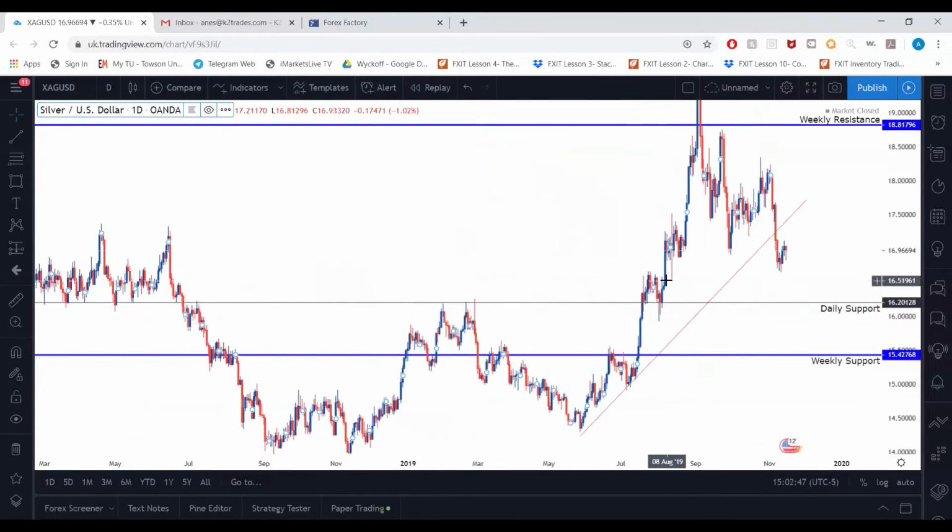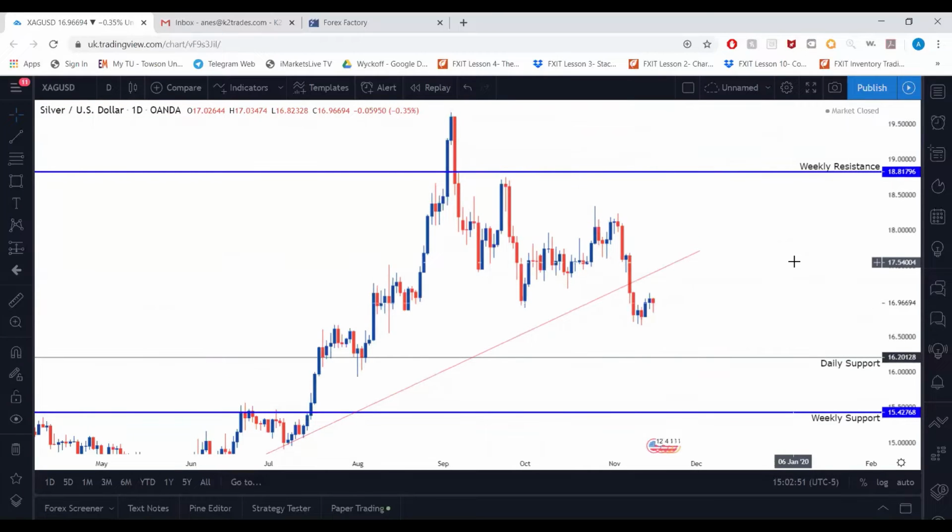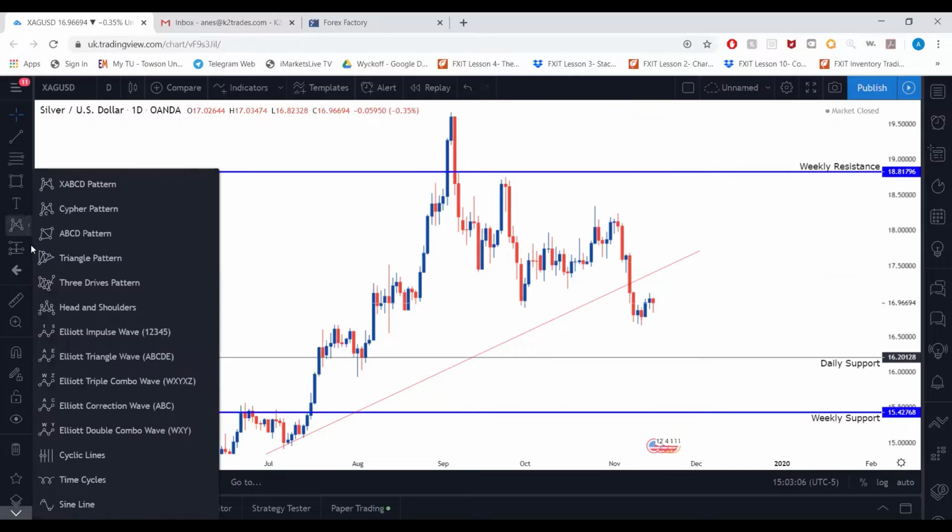Yeah, I do see a WXY correction from the top, which ended in October, if you see. So from the top to the bottom, I calculate the number of pips. This is a WXY correction, I guess.